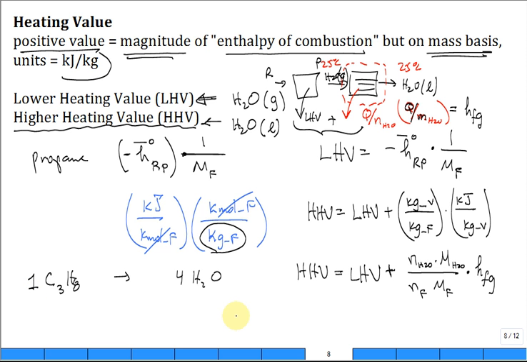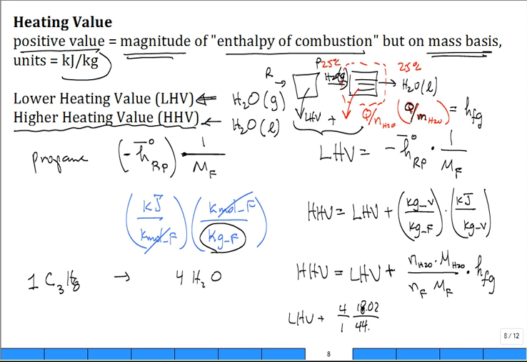So in this case, it'll be the lower heating value plus the number of moles of H2O, 4, per number of moles of fuel, 1, times the molar mass of H2O, 18.02, and then the molar mass of the fuel for propane, 44.0 something, true?